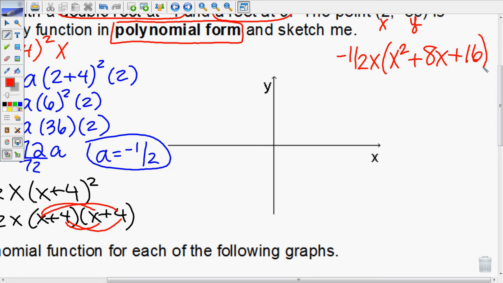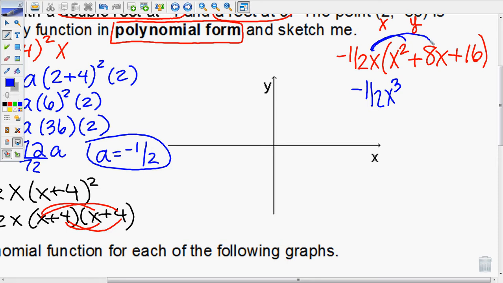Okay, so now I gotta distribute. I'm gonna distribute the negative 1/2 x, to be very specific. So negative 1/2 x times x squared is negative 1/2 x cubed.